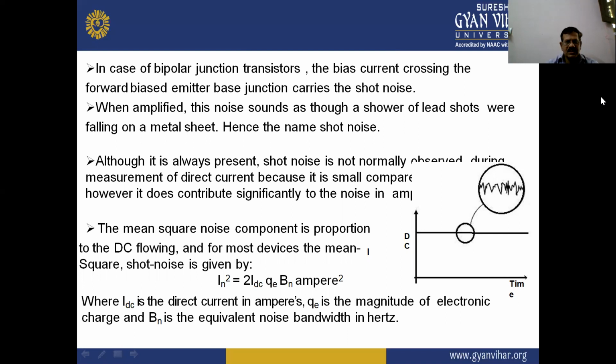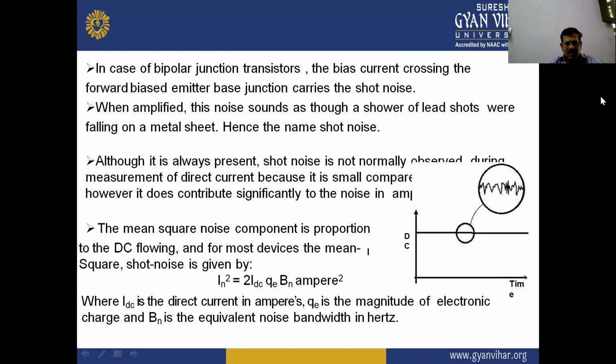Although it is always present, shot noise is not normally observed during measurement of direct current because it is small compared to the DC, however it does contribute significantly to the noise in the system.